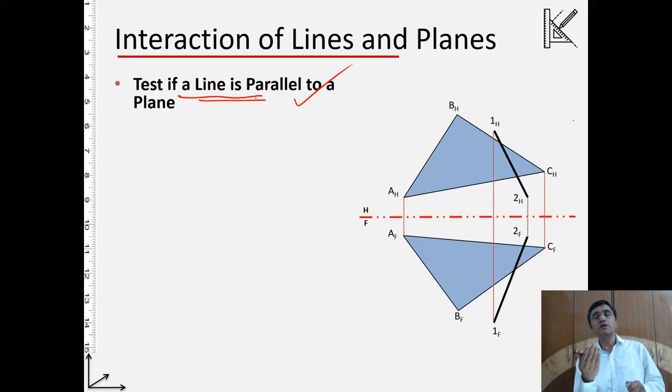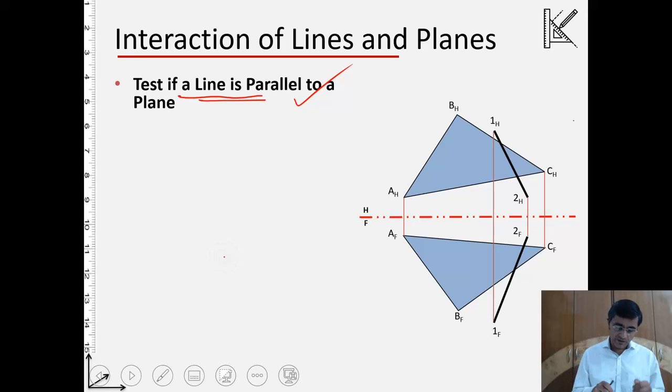As I said, in one case we can make use of the auxiliary view. We know how to determine the auxiliary view and how to project the given line 1, 2 as a normal view. So if I find an auxiliary plane and project 1, 2 onto that as a normal view, true length, then I will check for the plane ABC and project it. The plane should also come as a normal view.